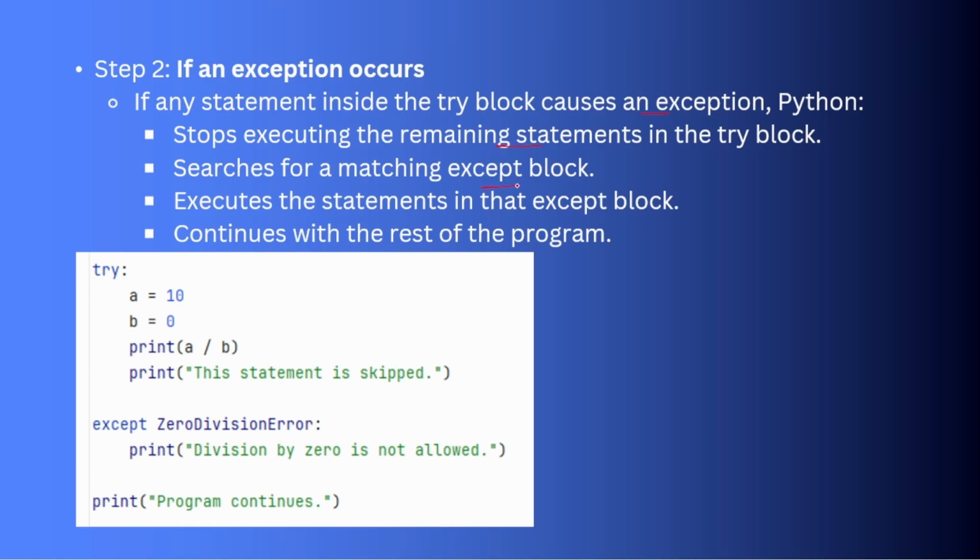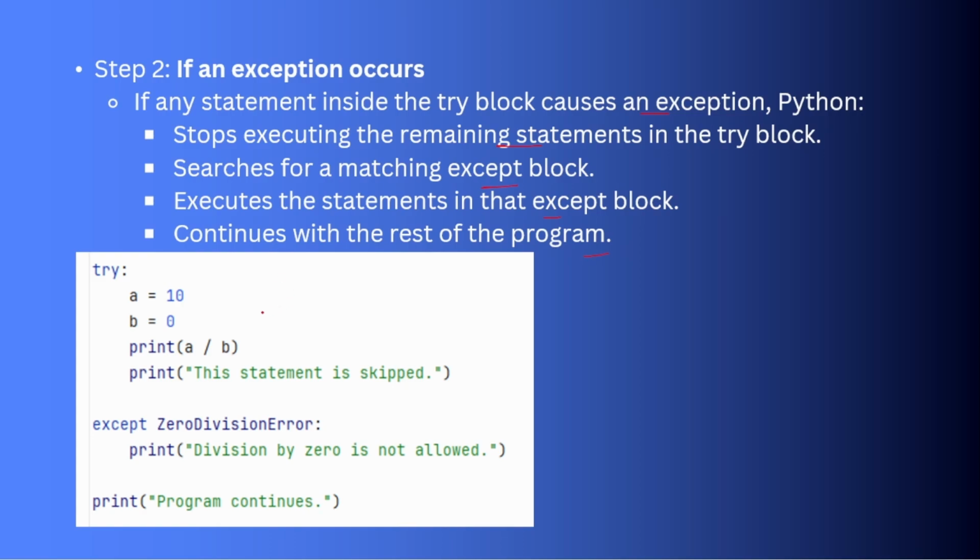It searches for the matching except block. According to what exactly has gone wrong, it would search for the matching except block. If division by 0 was attempted, it would look for ZeroDivisionError. If an invalid value was given, it would look for ValueError. It executes the statements in that except block, and it continues with the rest of the program.